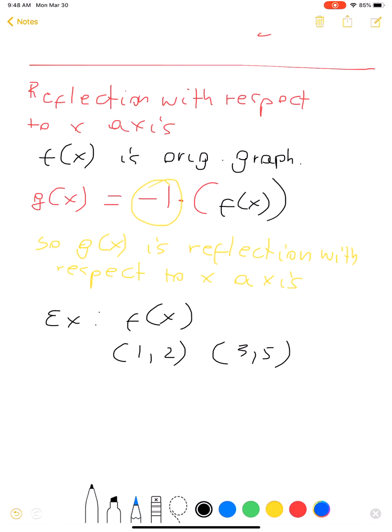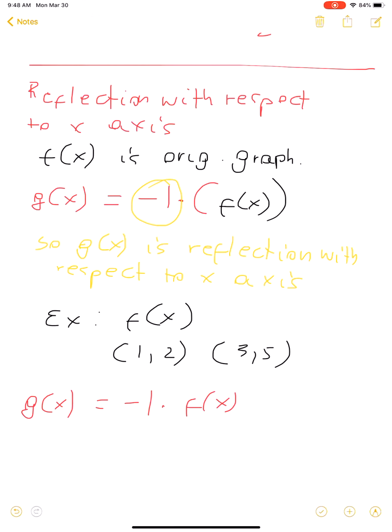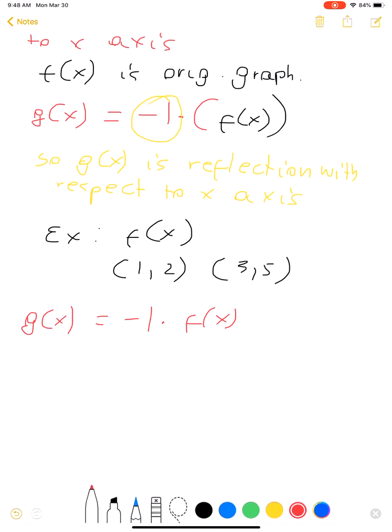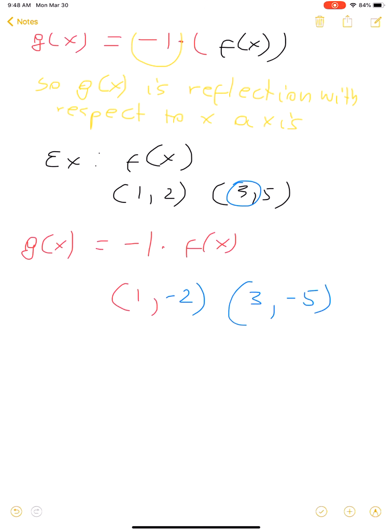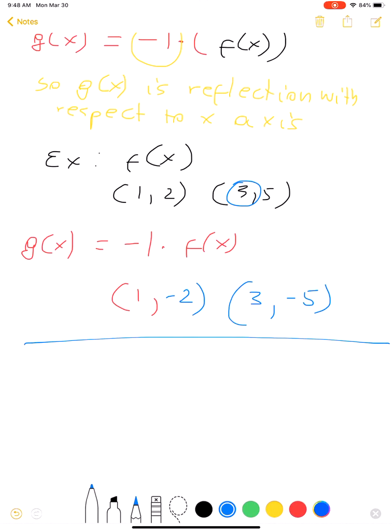So g of x, which is the graph of negative 1 times the original function, we have reflection with respect to the x-axis, so for the new points, the x coordinates stay the same, the y values will change to opposite. So for the second point, x will stay the same, the y value will change to opposite. Okay, that's what's going to happen. And let's give you the definition, reflection.